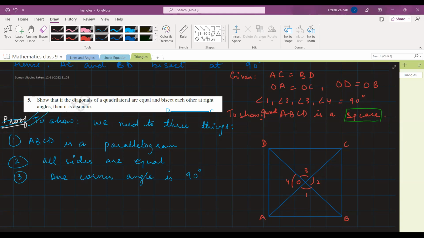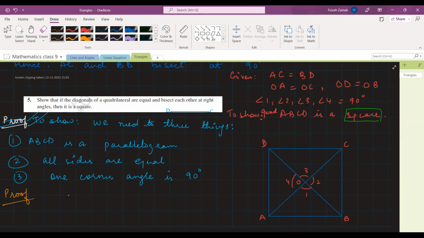You can write in the exam also like this: 1, 2, 3. Written?